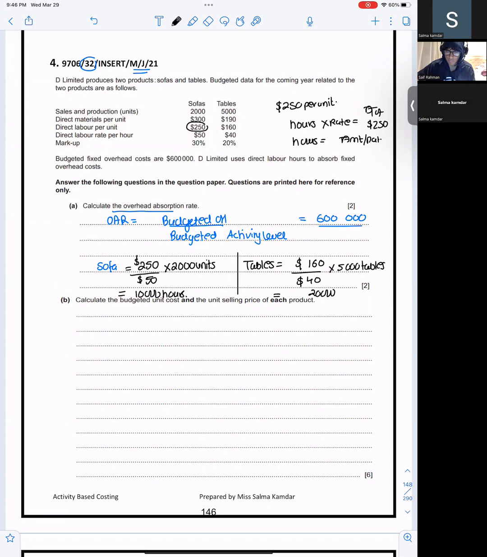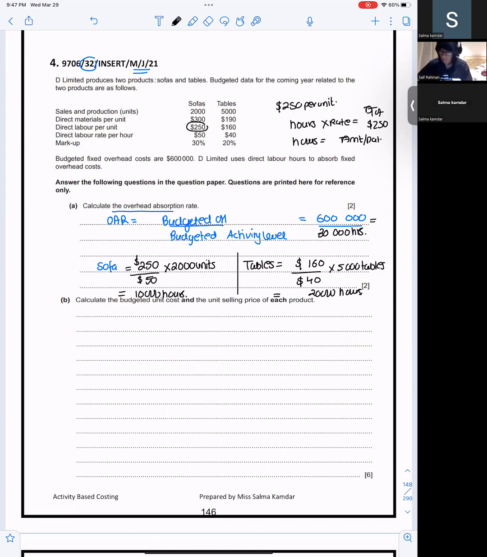For tables, it is how much? For tables, it is 20,000 hours. So the total hours will be 30,000 hours. So budgeted overhead divided by the budgeted activity level. So 600,000 divided by 30,000.